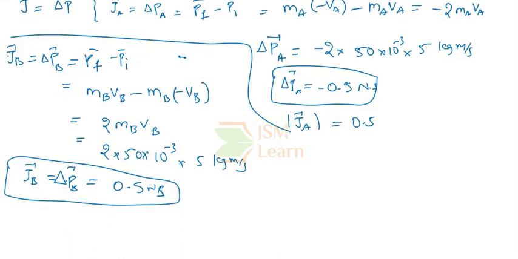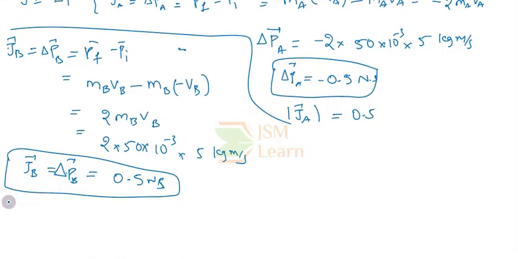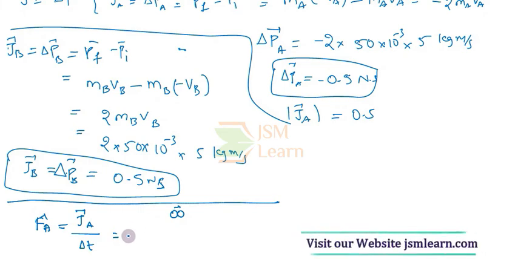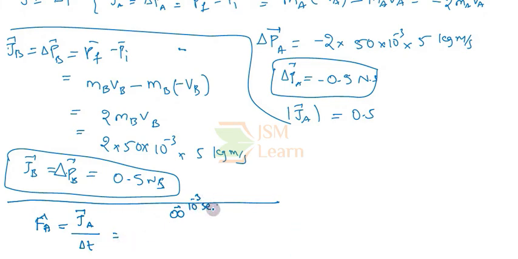Now we need to see whether the force exerted on each ball has the same magnitude or not. So let us find the force imparted on ball A. The force imparted on ball A can be found by the impulse imparted on ball A divided by delta T. Delta T is the collision time, the time for which the two bodies were in contact, that is, for what time ball B exerted force on ball A. It was for 10 power minus 3 seconds.